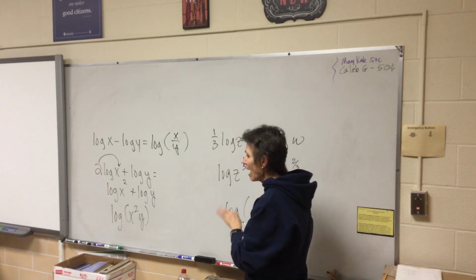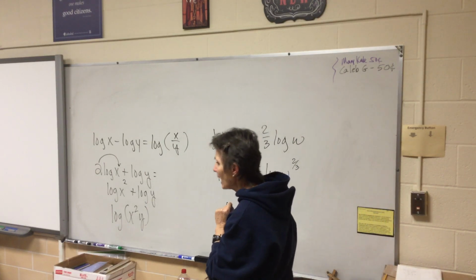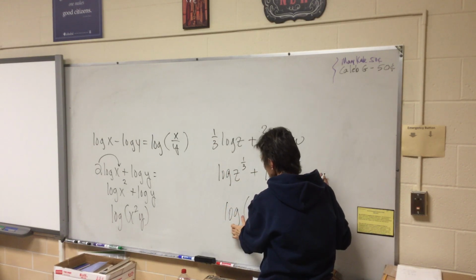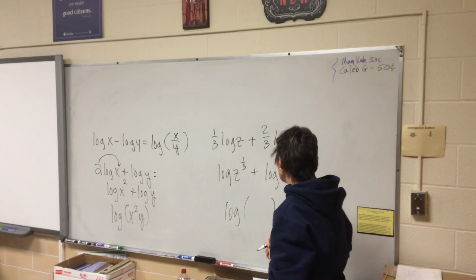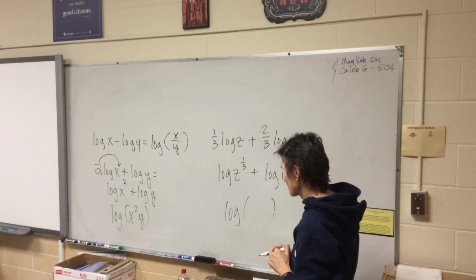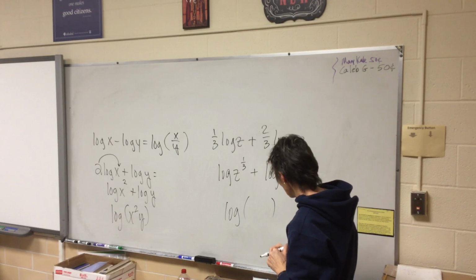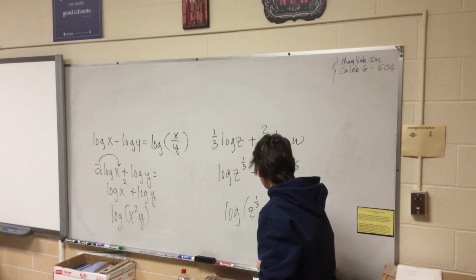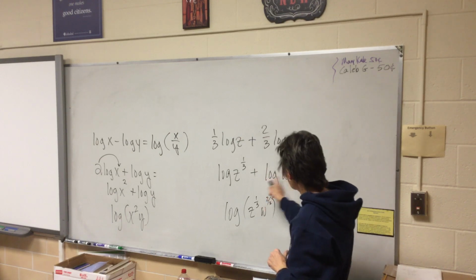Please don't drop the logarithms. That is not allowed. I'm combining the 2 into 1, so I still have a logarithm. What's going to go inside the parentheses? Well, I can do it this way. Multiply them together.